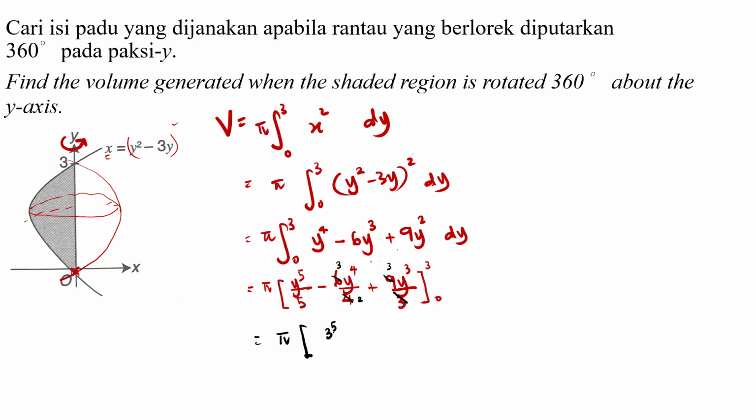3 to the power of 5 over 5, minus 3 over 2 times 3 to the power of 4, and then plus 3 times 3 to the power of 3, and minus the same thing with 0 substituted in.